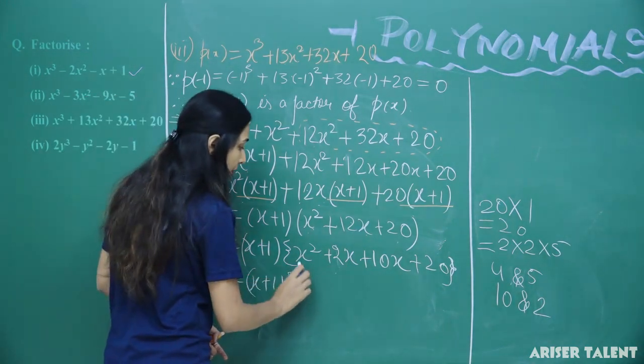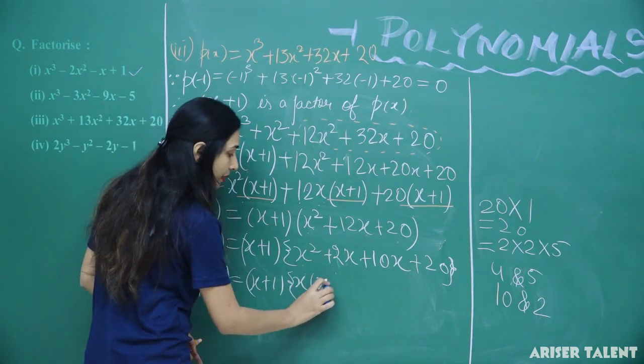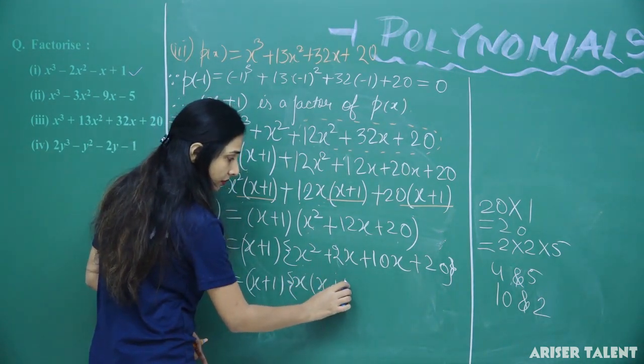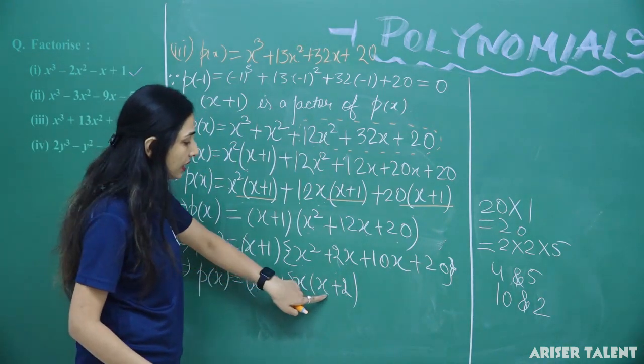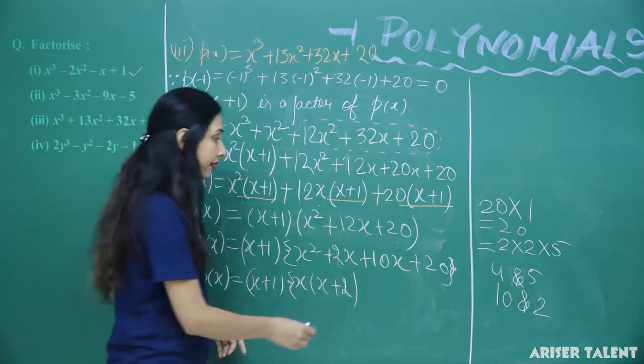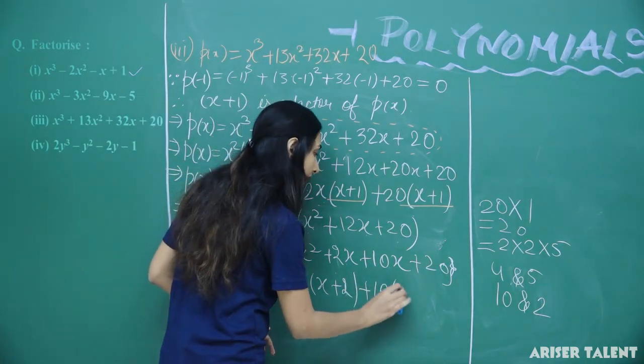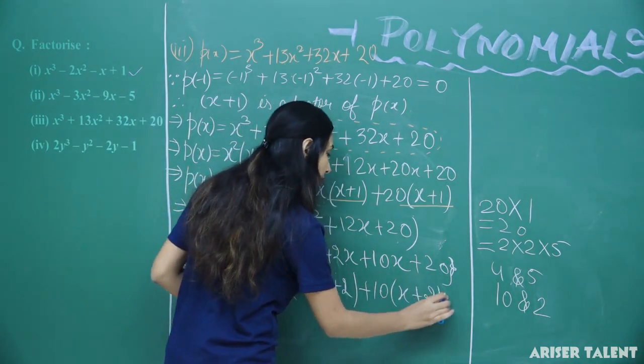here we will have this 2 common, so that will be remaining with x plus 2... we will get x common, so we will be remaining with x plus 2. Now here in this case we will get a 10 common and we will get x plus 2 common.